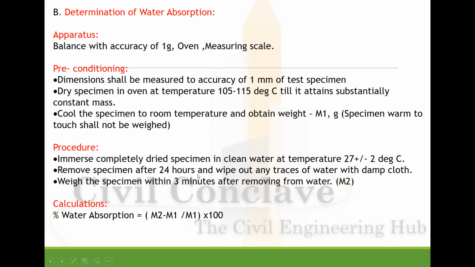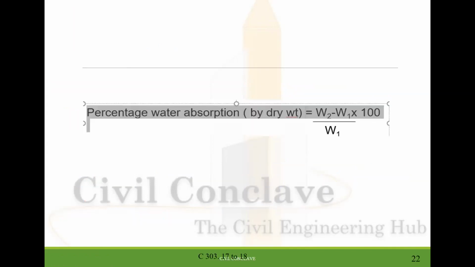Calculation. Percentage of absorption is equal to M2 minus M1, that is, M2 means the dry bricks, M1 is at room temperature, divided by M1 into 100. This is the methodology of calculating the water absorption.